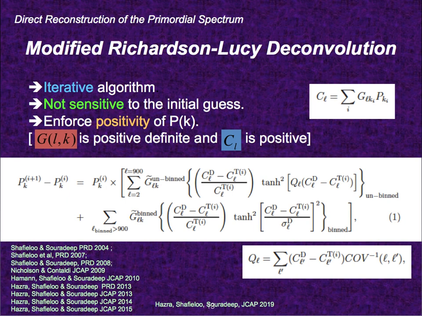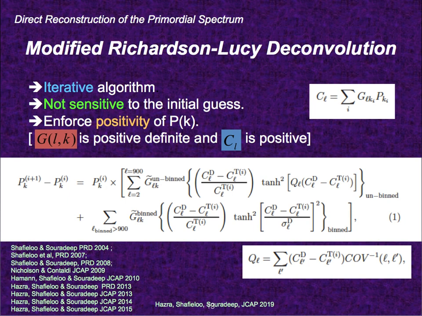So it's important to emphasize that this modified Richardson-Lucy algorithm is an iterative process, and further that it ensures the positivity of the recovered P of k, since G_lk is a positive definite matrix. The modifications to the original Richardson-Lucy algorithm are specifically this sort of tanh term, which is used to account for uncertainties in the data and to make modifications to the P of k where the data and the theory C_ls are the most different.